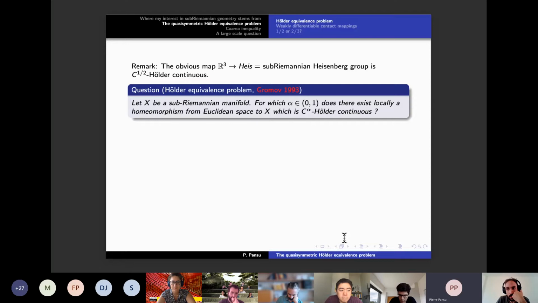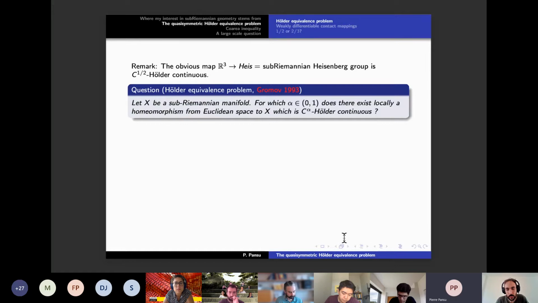In fact, here are a family of examples. Start with a Carnot group. Are you familiar with a Carnot group? Yes. That's a Lie group equipped with a left invariant sub-Riemannian metric, which admits a group of dilations, of homotheties. So these are the local models for sub-Riemannian metrics.